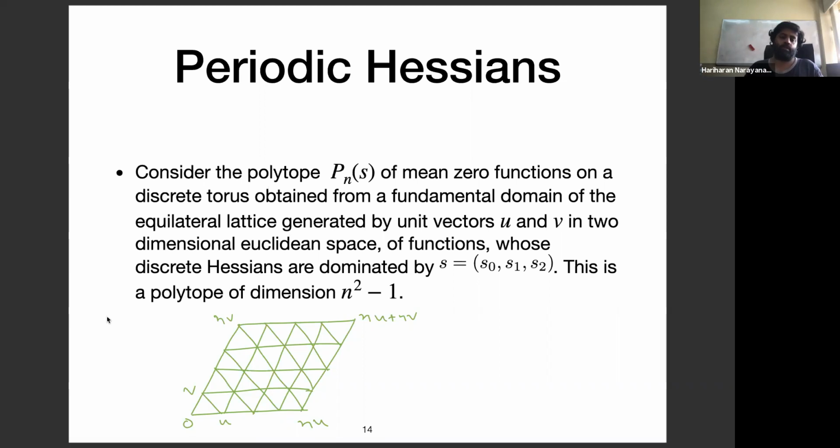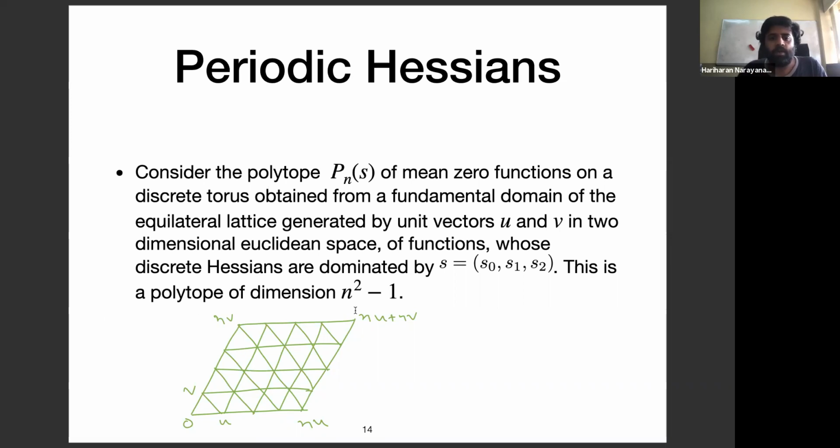We do this by first taking these functions and adding a convex quadratic of the right Hessian, so that instead of being random concave functions, they become random semi-concave functions, which are actually periodic rather than simply having a periodic Hessian. Now these are actually periodic, so you can view them as functions on a torus. So what we care about here are random semi-concave functions which are mean zero on a torus.